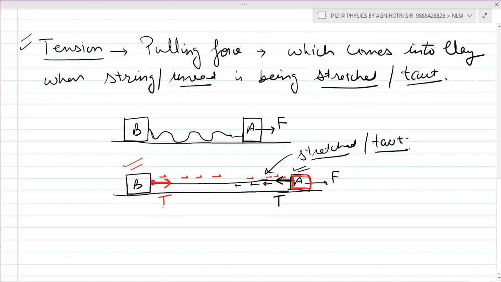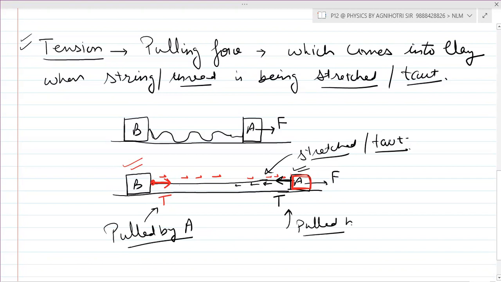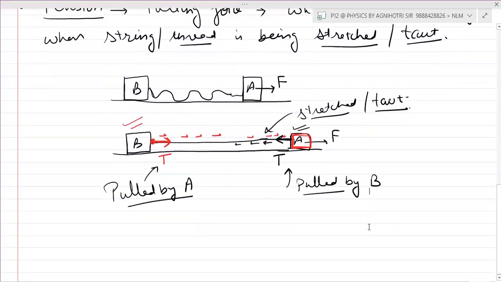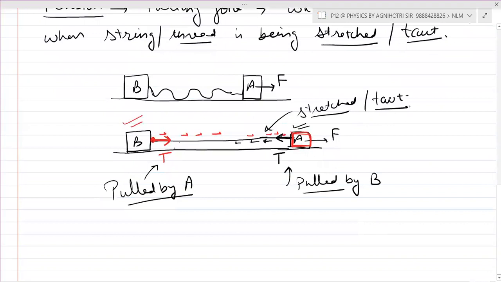So what's the difference? This arrow means it is pulled by A, and this arrow means it is pulled by B. Okay, so this is there. So it comes into play when the string is being stretched, and when it's slacked, it is 0.